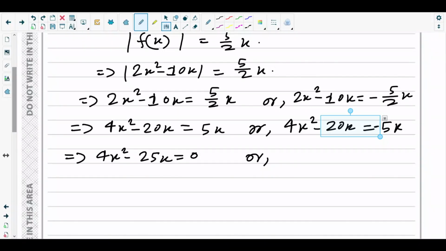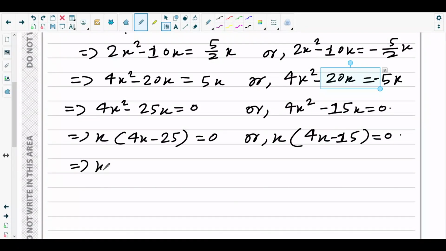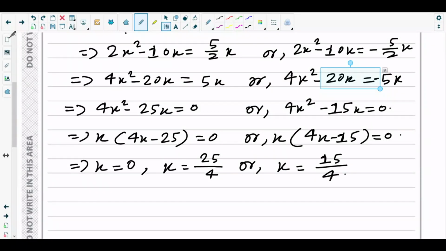Or here, 4x squared negative 20x plus 5x, this is negative 15x, equals 0. Now we can take x common. So x times 4x minus 25 equals 0, or x times 4x minus 15 equals 0. So we will get either x equals 0 or x equals 25/4, or x equals 15/4. We got three critical points.